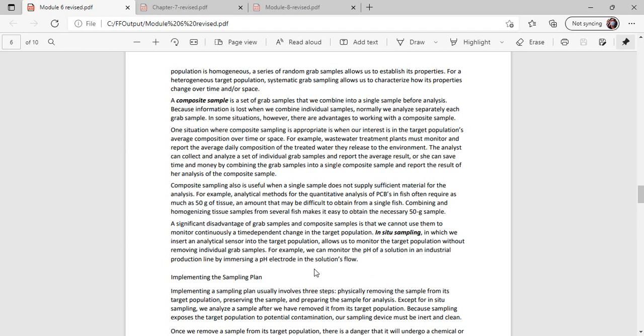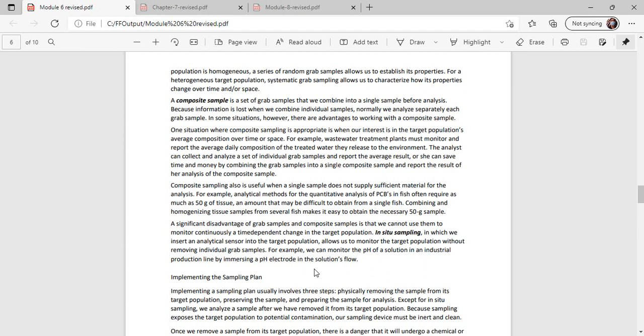Composite sampling also is useful when a single sample does not supply sufficient material for the analysis. For example, an analytical method for quantitative analysis of PCB in fish often requires as much as 50 grams of tissue from your fish, an amount that may be difficult to obtain from a single fish.